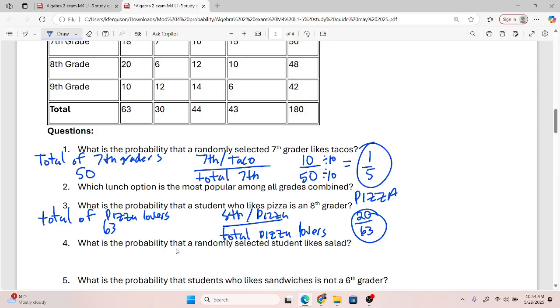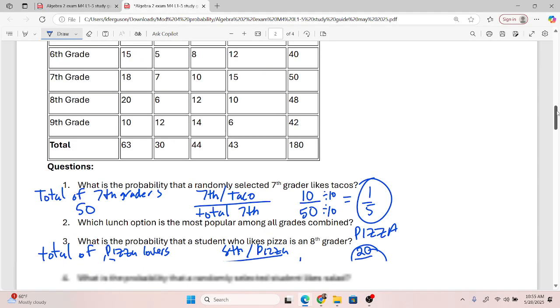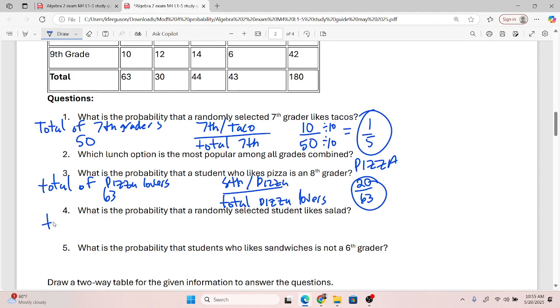What is the probability that a randomly selected student likes salad? Now we're just talking about random students. So because we're talking about random students, what's the total that I need to look at? 180. Excellent. I need to look at the total number of students. So total number of students is 180.